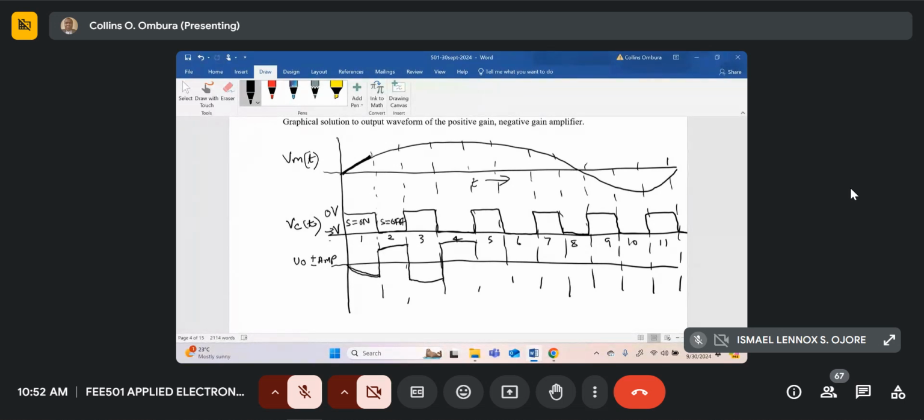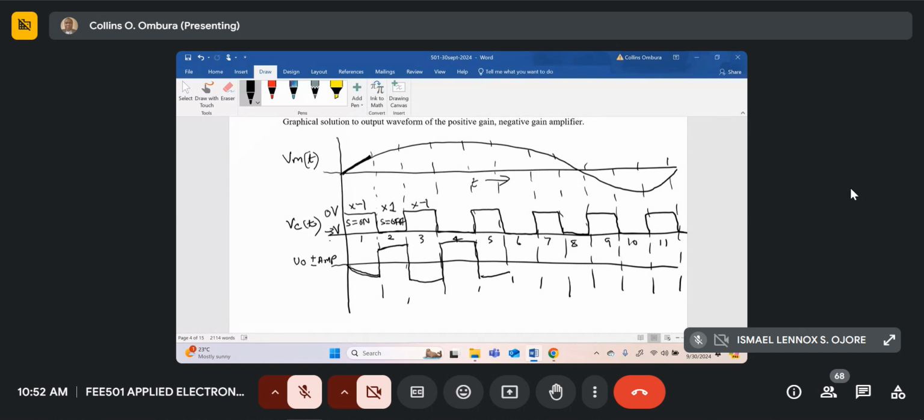So you can repeat. Next interval will be something like that. So S is on. It means times -1 of the input. Now I'll leave you to fill the rest. That's why I left that space over here.